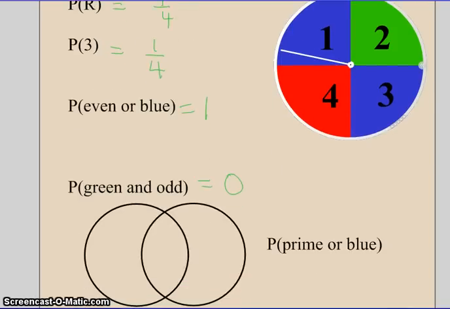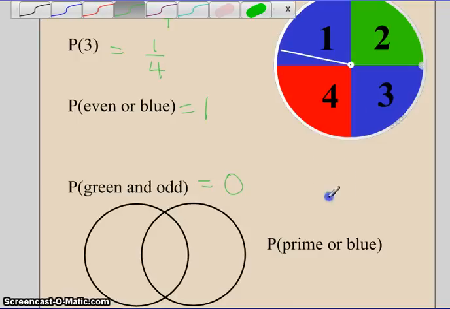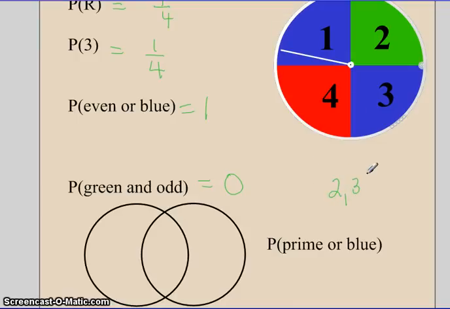What about the probability of prime or blue? So let's see, we have for prime, we have the numbers 1. I'm sorry, 1 is not prime, is it? Good catch, whoever realized that. 2 is prime and 3 is prime. And then for blue, we have 3 is blue and 1 is blue.